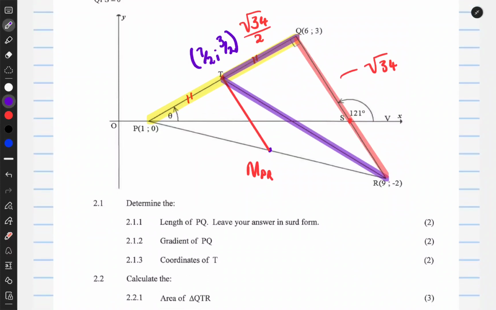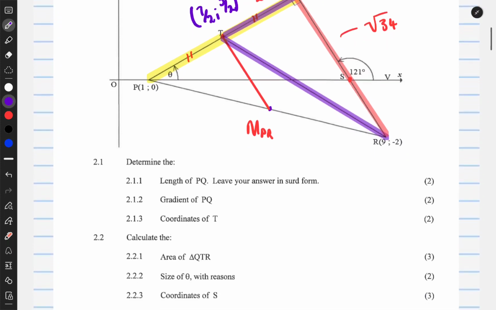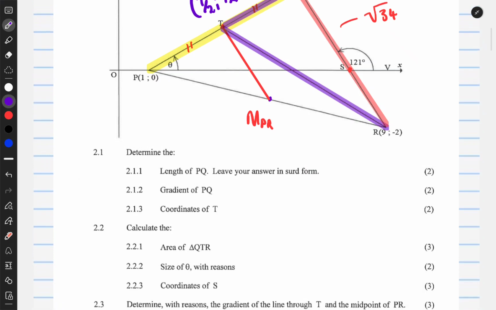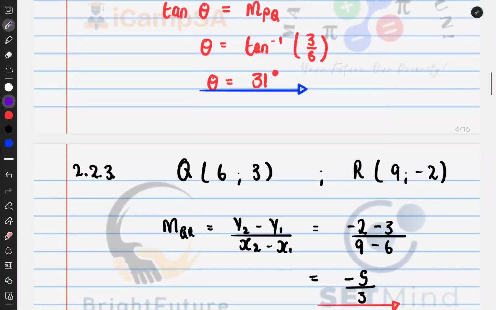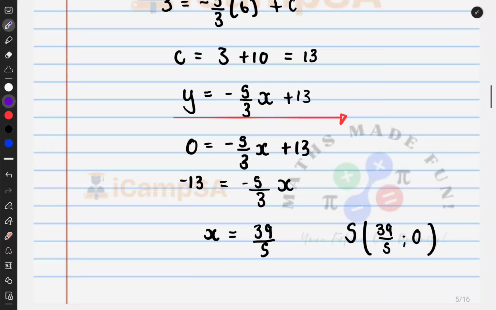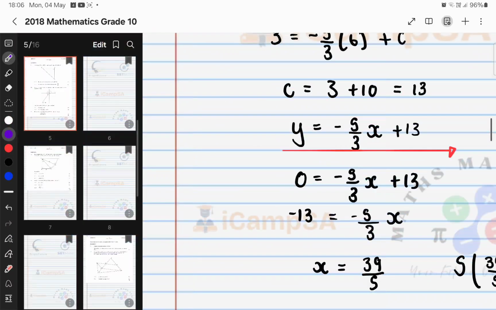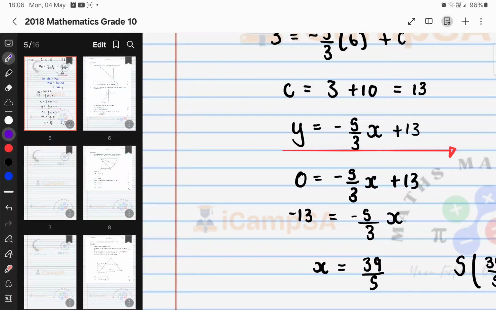Okay, so to calculate the midpoint of PR, we need to use the midpoint formula. If you remember the midpoint formula, we're going to use P and R. The coordinates of P are 1 and 0, and those of R are 9 and -2. Let me quickly add the page here.